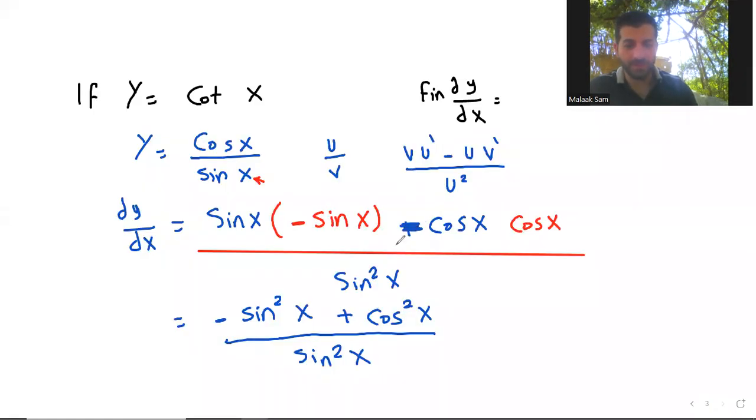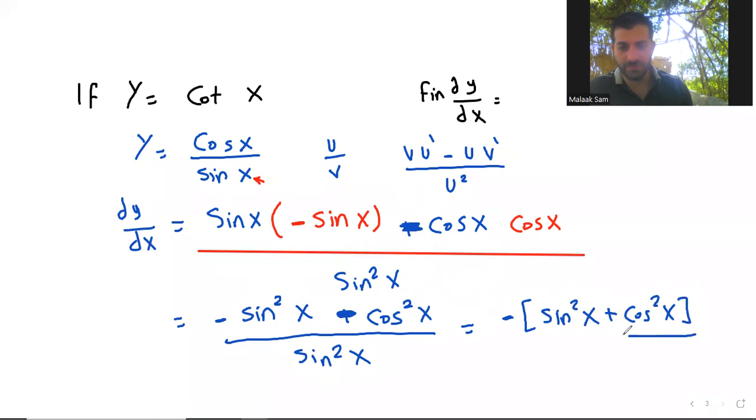Sorry, we have here minus, not plus. So it's negative sine squared x minus cosine squared x over sine squared x. Okay, so we are going to take negative as a factor here. It will be negative, sine squared x plus cosine squared x over sine squared x. So it will be negative, you know, sine squared x plus cosine squared x is 1, over sine squared x.